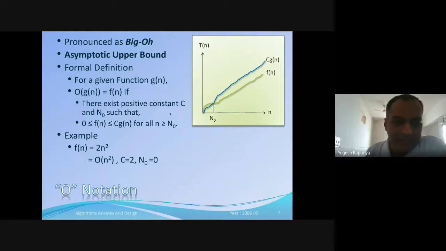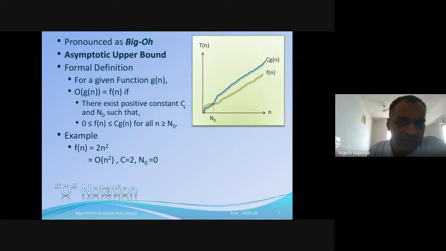We'll understand this by looking at an example. Let's say you have been given f(n) is equal to 2n square. Now you have to formulate this equation: 0 is less than or equal to f(n) is less than or equal to c·g(n). By looking at the function itself, you will sometimes get an idea of what the value of n0 and the value of c can be.